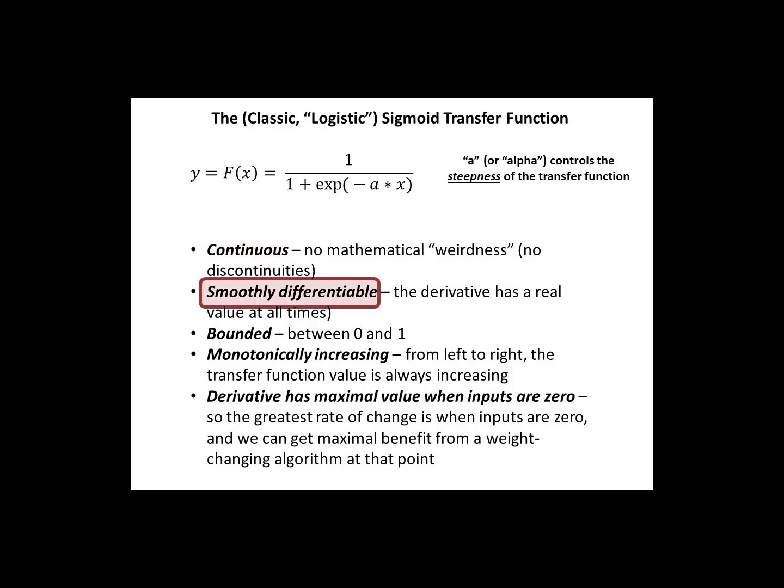Next, and this is so important, the sigmoid transfer function is smoothly differentiable. That means its first derivative exists at every point along its existence. We really need this for the backpropagation algorithm to work. Third, and this is one of the big reasons that we use a transfer function, is that it's bounded. That means the output of the transfer function is going to be between two numbers.